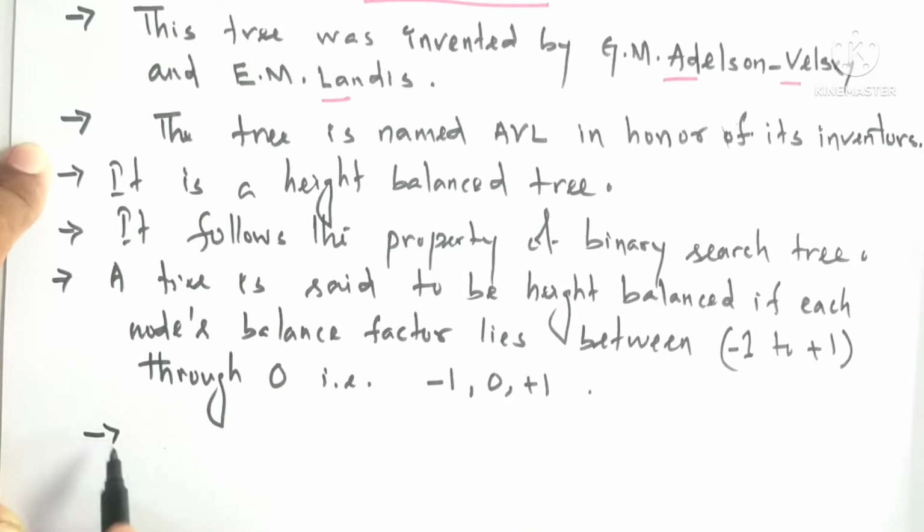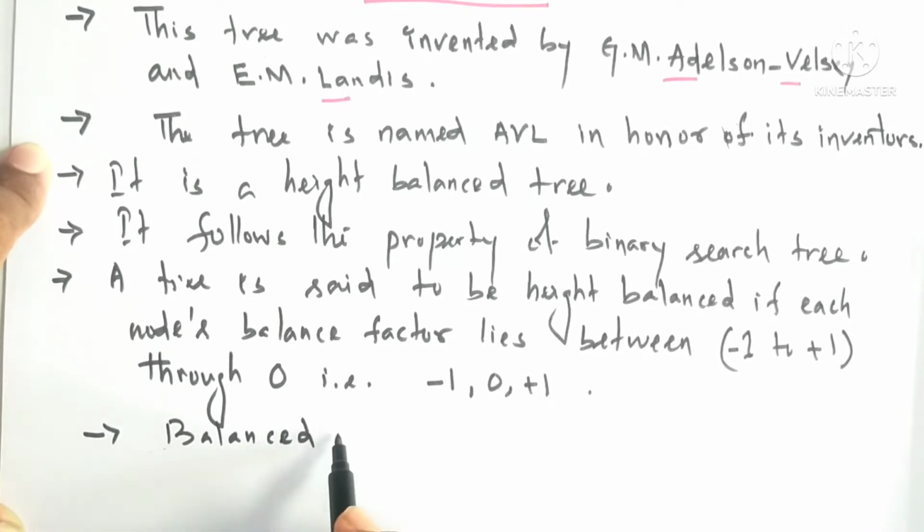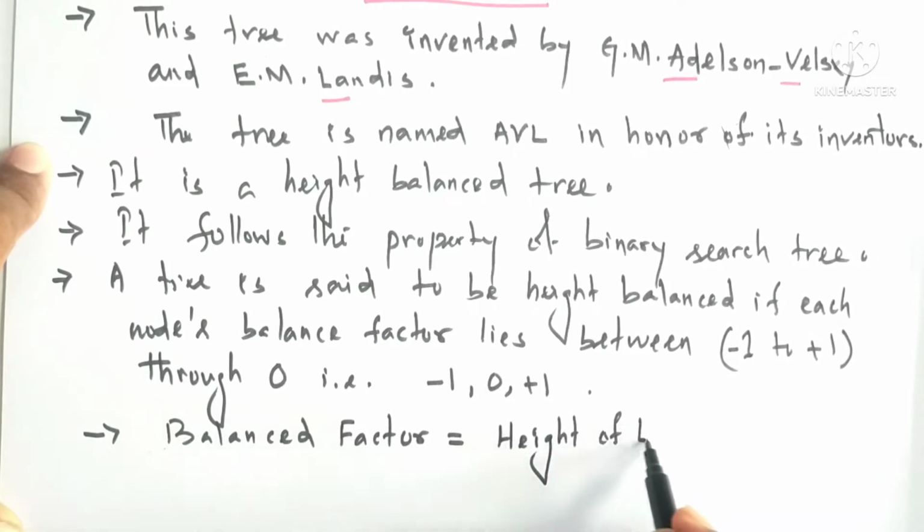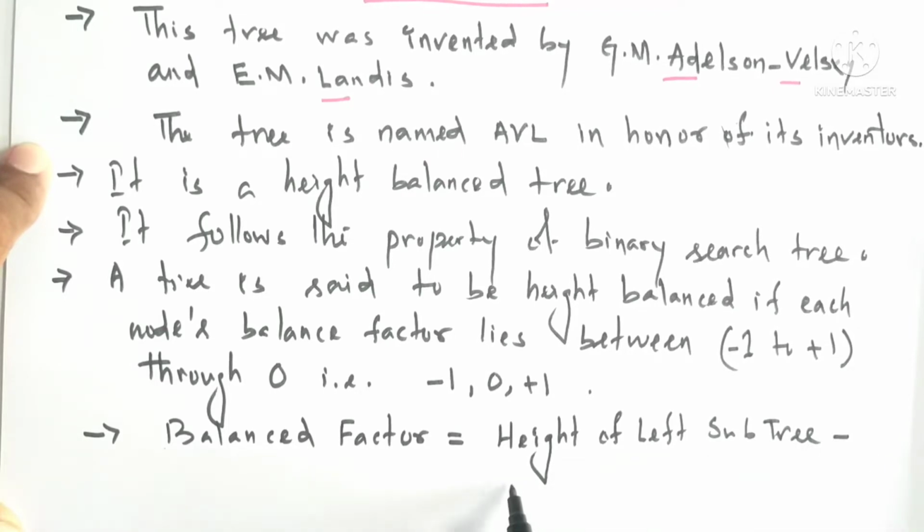So the balance factor is determined by the formula: balance factor is the height of the left subtree minus the height of the right subtree.